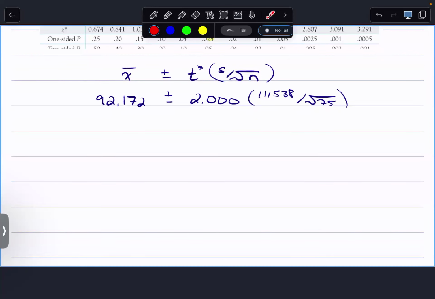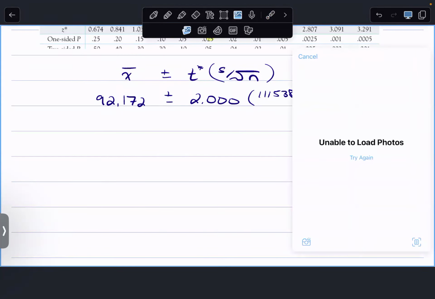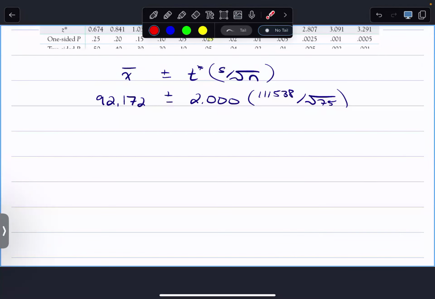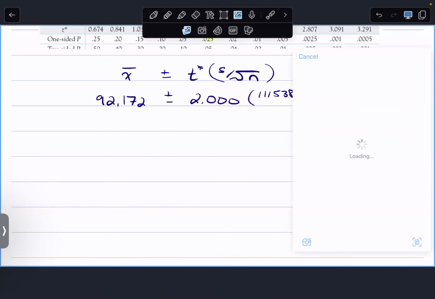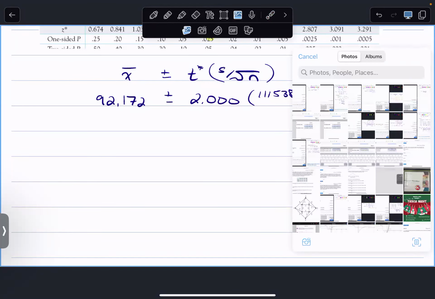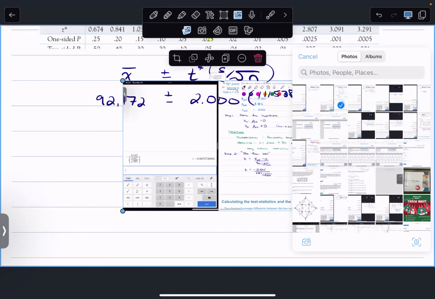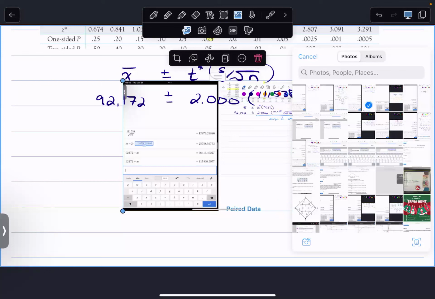Okay, I did... unable to load photos, but I need them. Oh, there they are. Is it this one? Nope, it's this one.